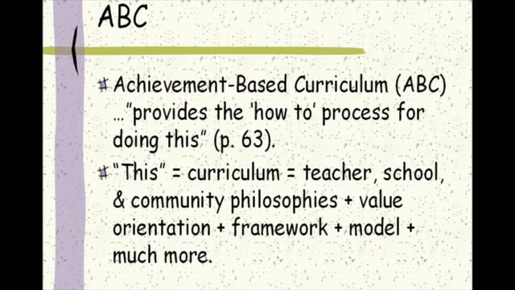And the "this" on page 63 means curriculum. Curriculum means teacher, school, and community philosophies, plus the value orientation that each one of those individuals or groups have, plus any kind of state, federal, or district framework, plus whatever model you're going to use, plus much, much more, which we're going to talk about.